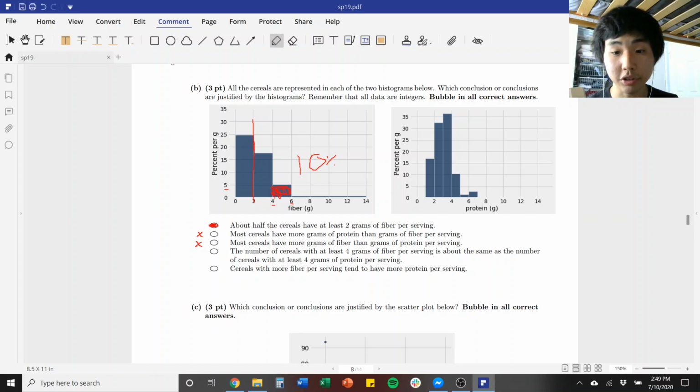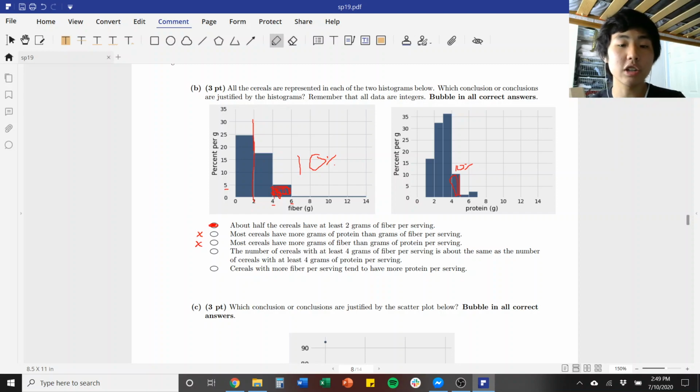Now looking at protein, the bars are 1 gram wide, because the 2 bar increments are separated into 2. So 10% times 1, that's 10% in this bar. And then in these 2 bars to the right of it, there's a couple more percent, maybe like 3 more percent.